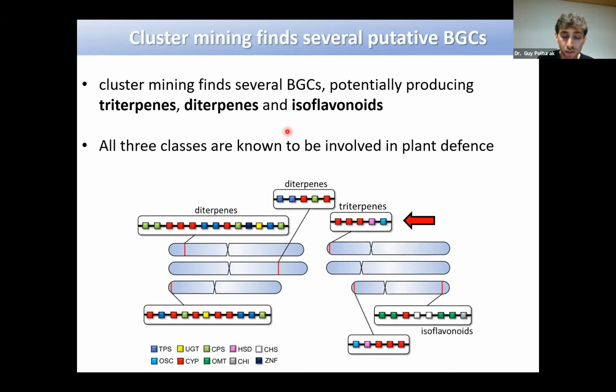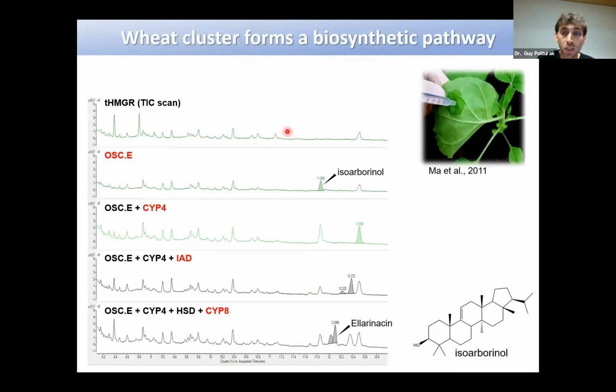We cloned all of the genes in the cluster, and we used the transient expression system, which is based on infiltration of agrobacteria into a tobacco-related plant. And indeed, we could see that these genes form a biosynthetic pathway, which eventually results in production of a triterpene, which is based on an isoborinol scaffold.